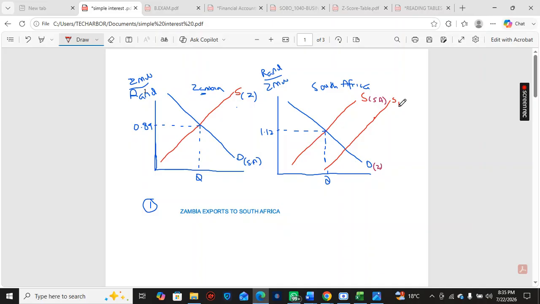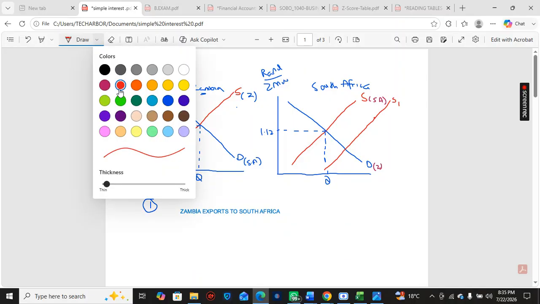As the South Africans are supplying the rand, they're converting that rand into kwacha. So what is happening on the Zambian graph here? Demand for the kwacha increases.